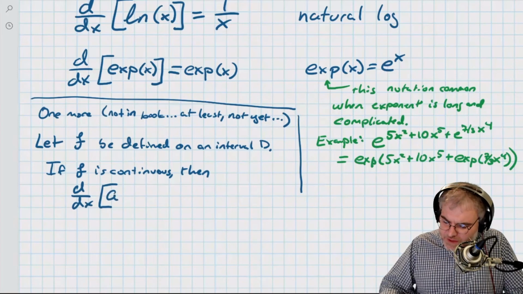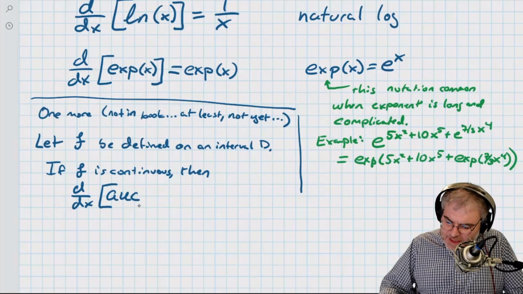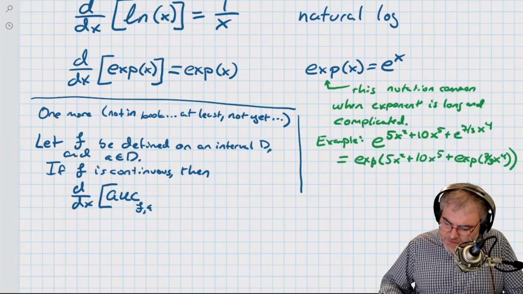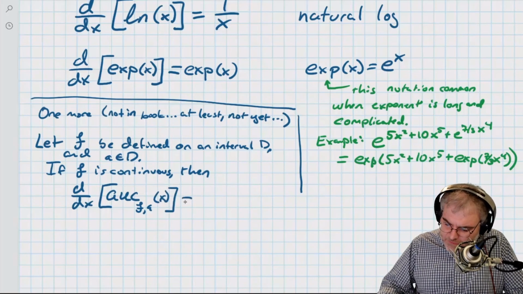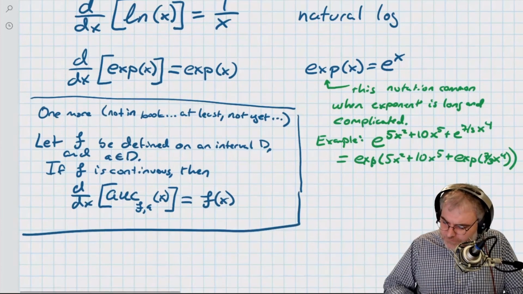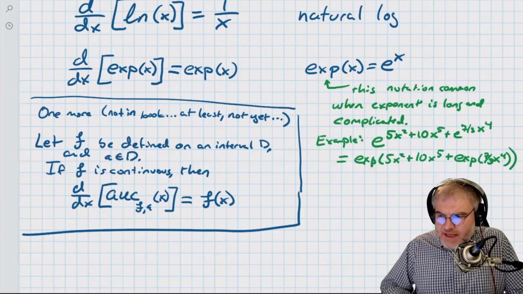This function is very important a lot of places. Let a be a number in D. The derivative of the integral of f from a to x equals f of x. Okay? Keep that in the back of your head. We're going to have that later.